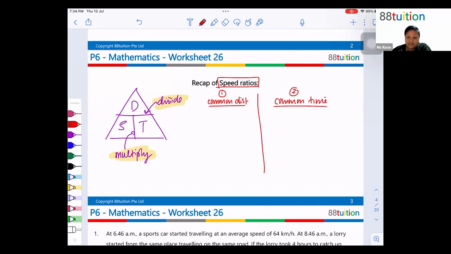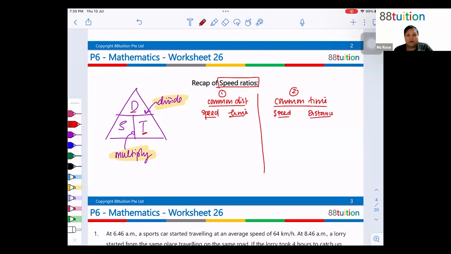So with a common distance, always remember there are three things. If you have a common distance, that means you can find the speed and the time ratio. And with common time, you can find the distance or the speed and the distance ratio.